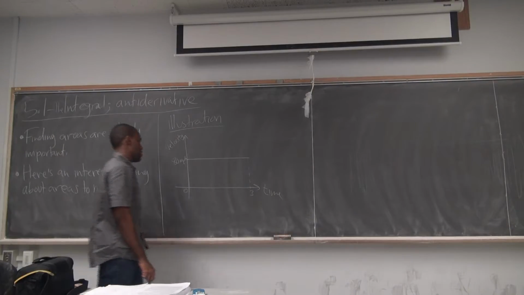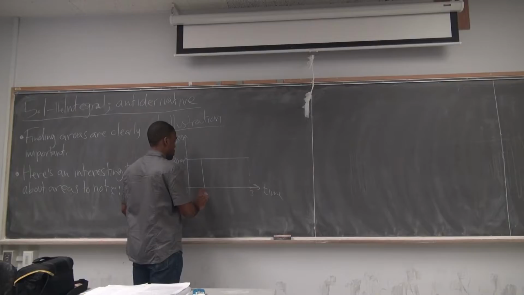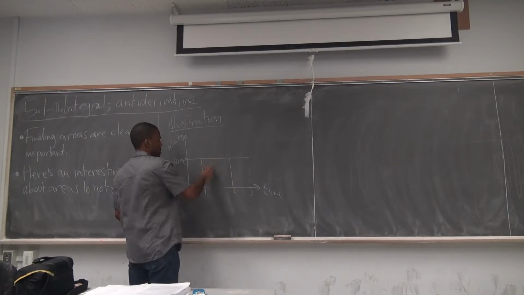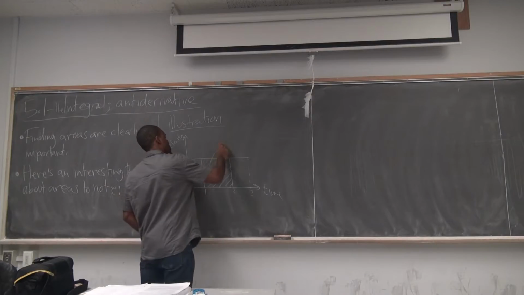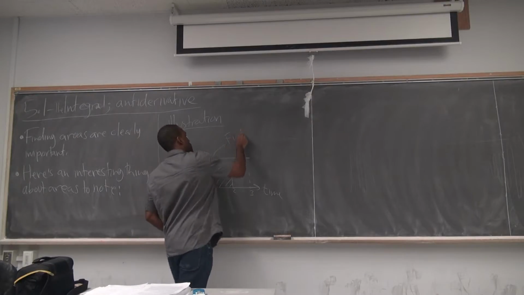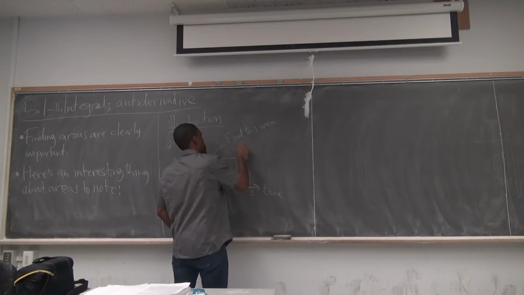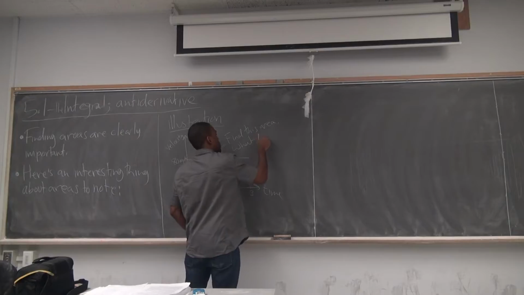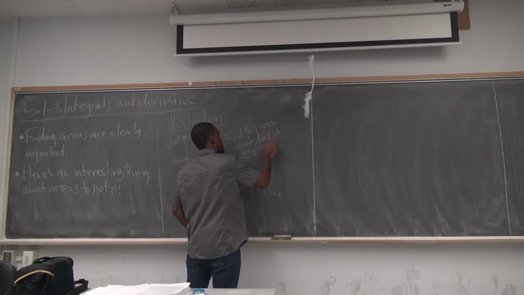And let's say I ask you to find the area between 1 and 2. Right? So the question is find this area. And then answer the question, what does it represent?